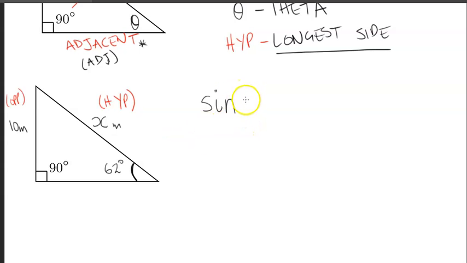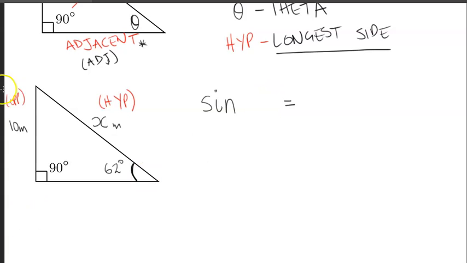We say that the sine of 62 degrees, and what two sides are we given? The opposite and the hypotenuse. So we say that the sine of 62 degrees, actually no, I'm going to backtrack. Let's make this general.